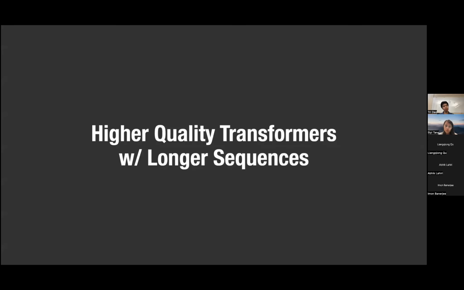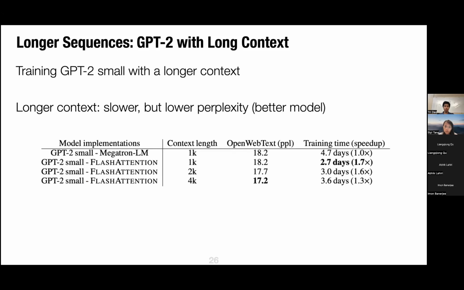All right, so here we can change the model and we can train transformers on longer sequences, and that generally leads to higher quality. So here's an example, again GPT-2, but we increase the context length. And usually when you increase the context length, it goes slower. But generally it gives you a better model, and this is measured by perplexity, where lower is better.